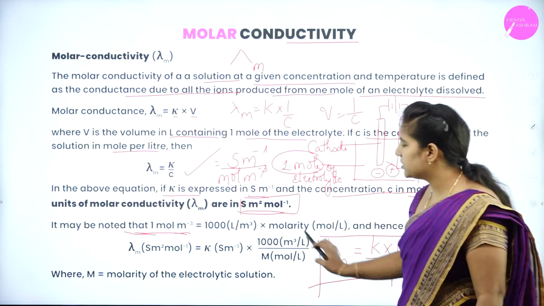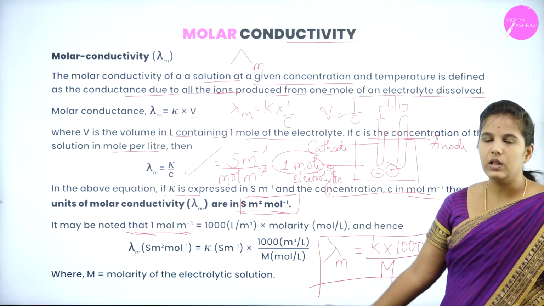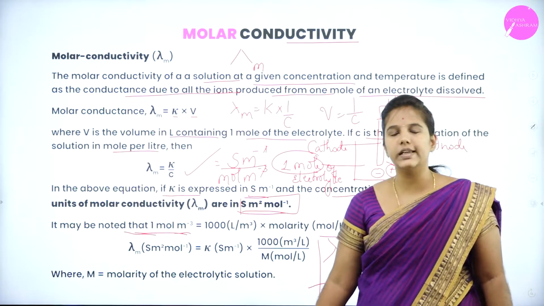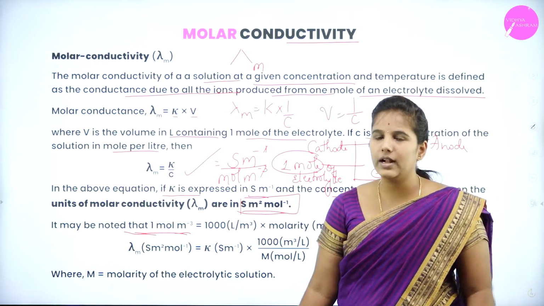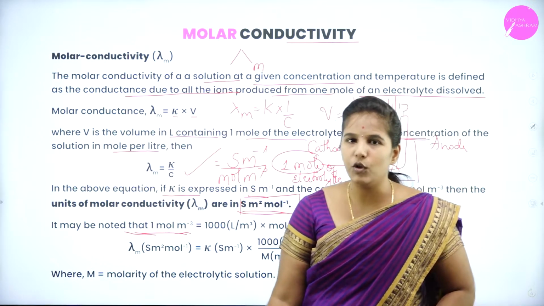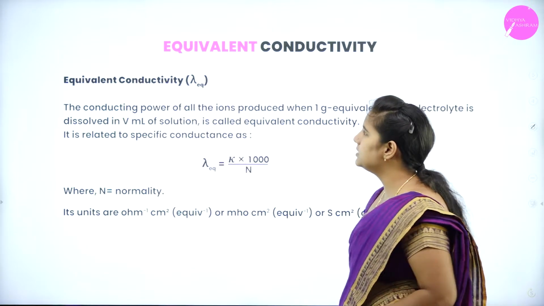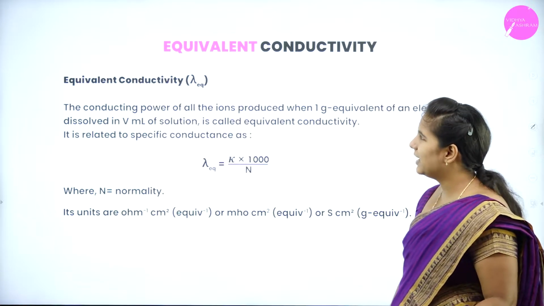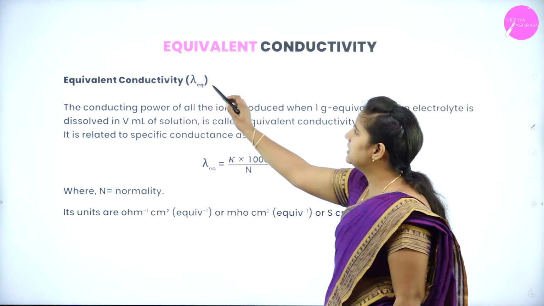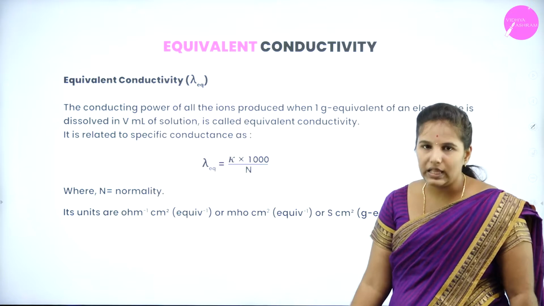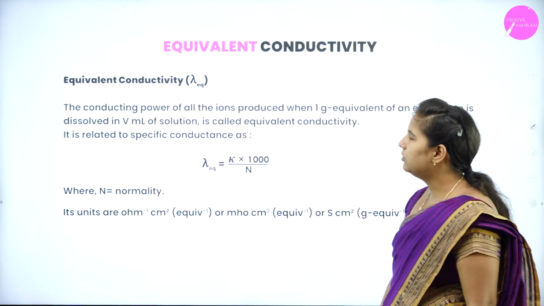The entire equation can be written in this form, where M is the molarity of the given solution. Hope you all understood what molar conductivity is. Now we'll move on to the next one, that is equivalent conductivity, which is represented by lambda equi. Okay, how do we define it?